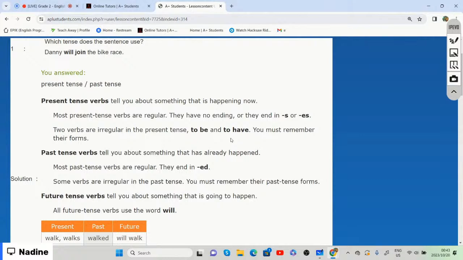And if it's regular, it means that it only ends in ed. Washed, jumped, played, skated. Those are examples of regular past tense verbs, and they basically end in ed.